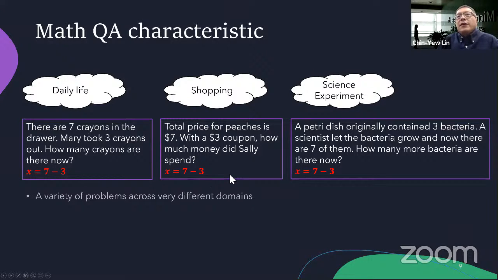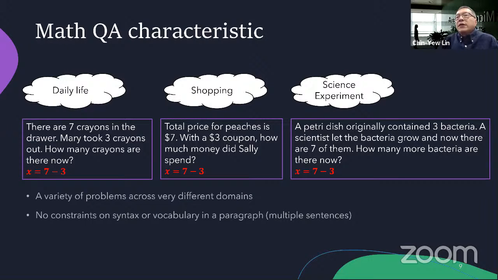So there are a variety of questions, very different domains, and there's no constraint on the syntax or vocabulary in the paragraph. And it's not a single paragraph like a typical Q&A. It really gives you a description of a problem, and then there may be one single question asking about the answer, what they're looking for. For example, how many crayons are there now? And how much money did Sally spend?